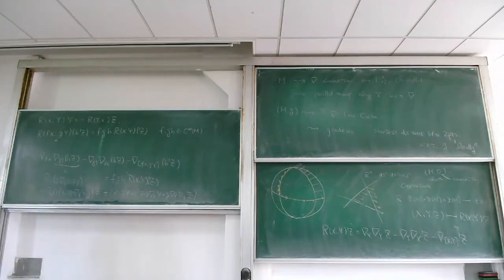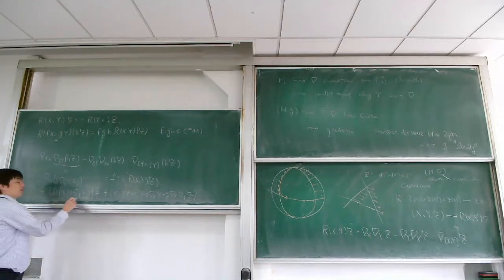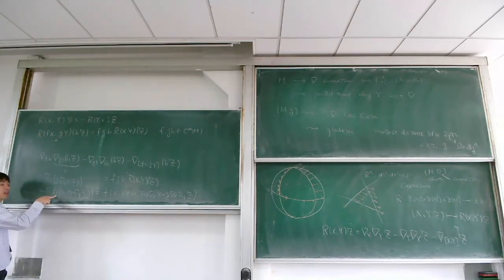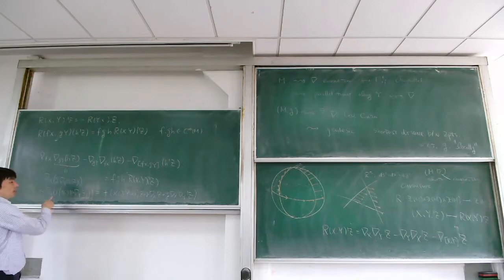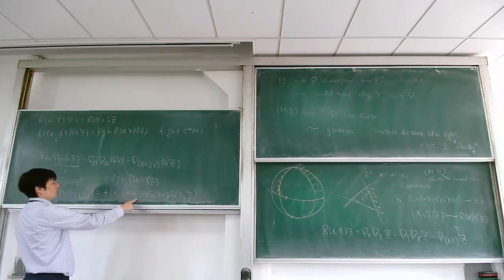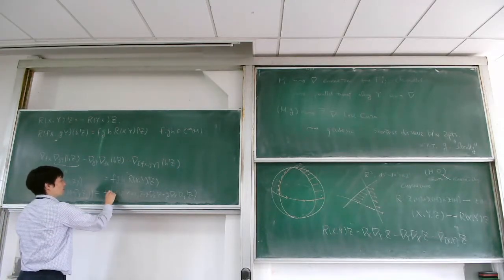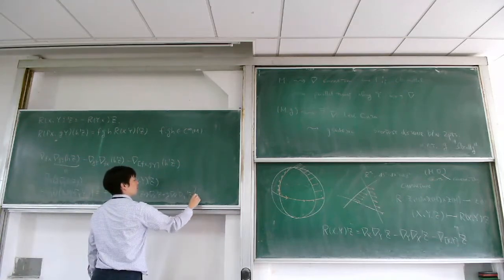Okay. Do you agree with me or not? So this is the vector field, and this is a function. A function times a vector field is a vector field, and nabla acts on this one. Then you just do the Leibniz rule to get this one.